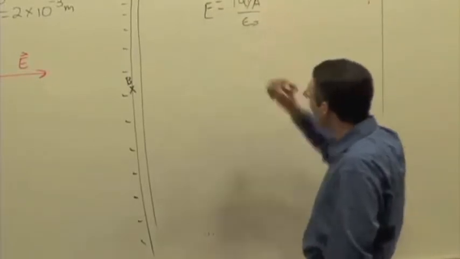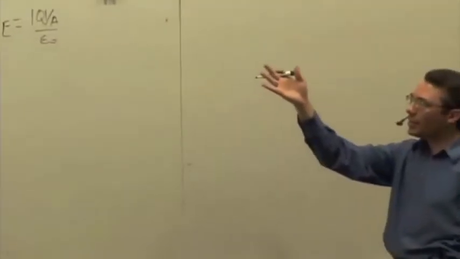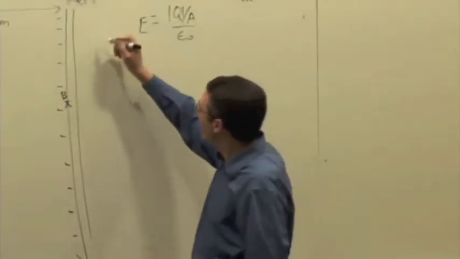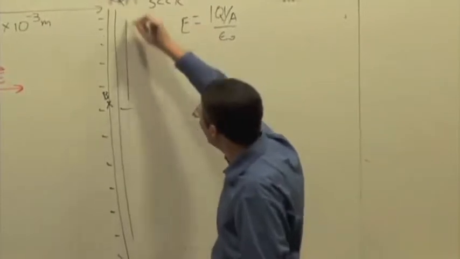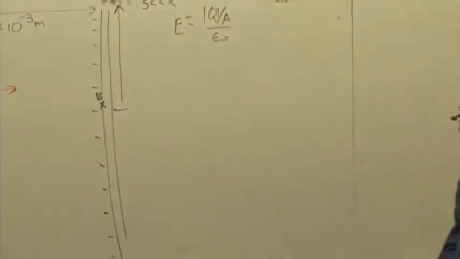You had to use this last night for a homework set. So the issue is that it's in the approximation that this distance S is much smaller than the size of the plate. So the radius of the plate is stretching far beyond what we can see right on the board. It's a small gap, and so the field is mostly uniform inside. We can use this constant field approximation.